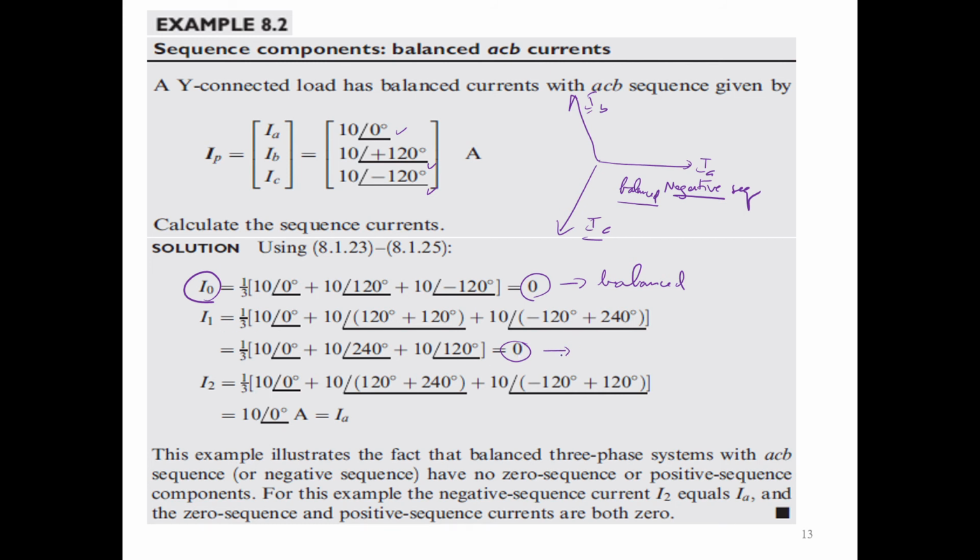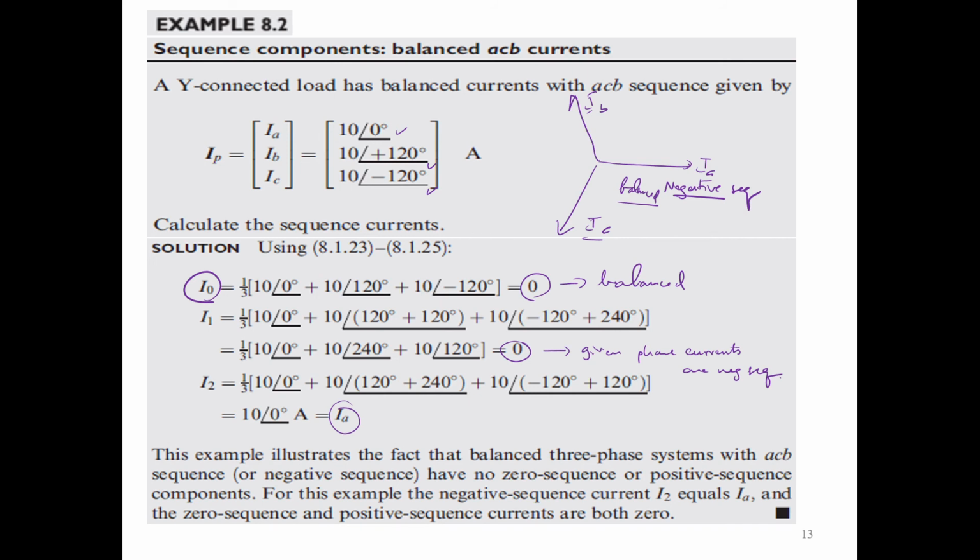This is zero due to the given phase currents being negative sequence. Now I2 would just return IA. You take IA and rotate it based on the angles of the negative sequence.